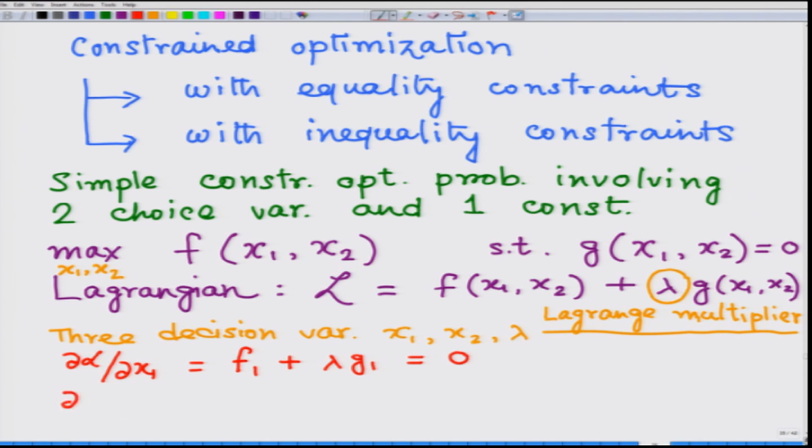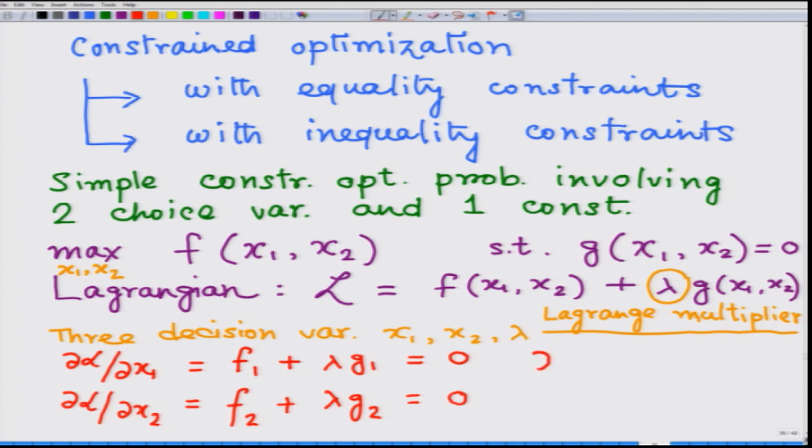Similarly, we now need to differentiate the Lagrangian function with respect to the second decision variable x2, and this will give partial derivatives f2 and g2, and as we all know we need to equate this first order condition equal to 0, and do not forget lambda. So, that is also a decision variable.